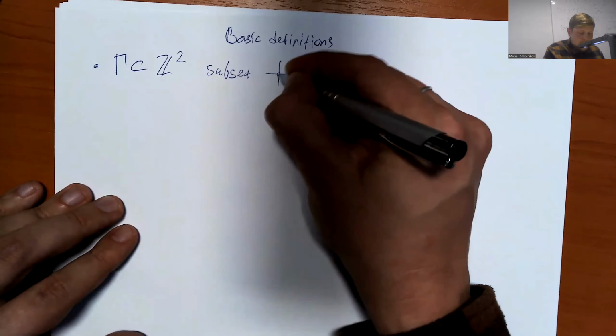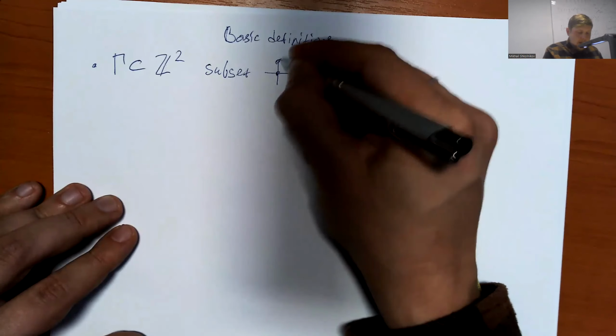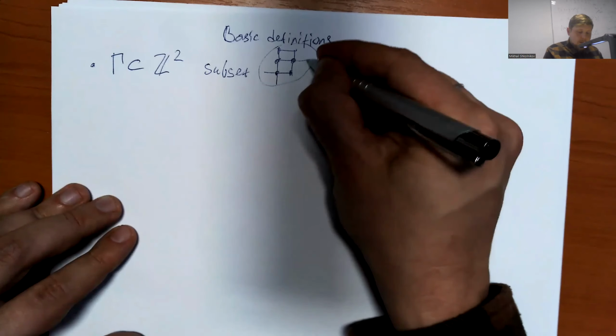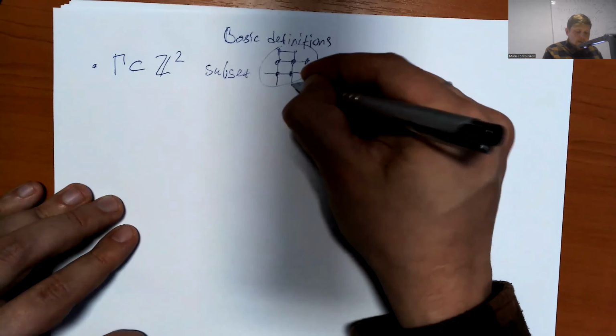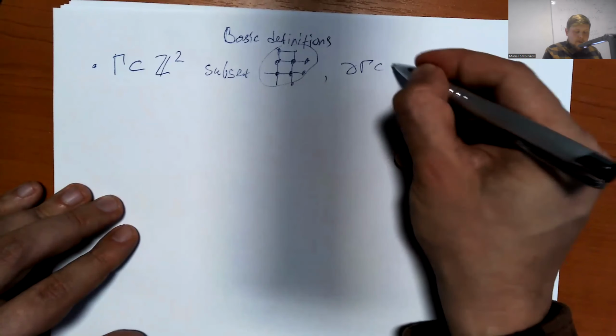So you imagine that you connect like that. And for us, this gamma will be some portion of the lattice. And later it will be important that there is some part of this gamma which is the boundary.